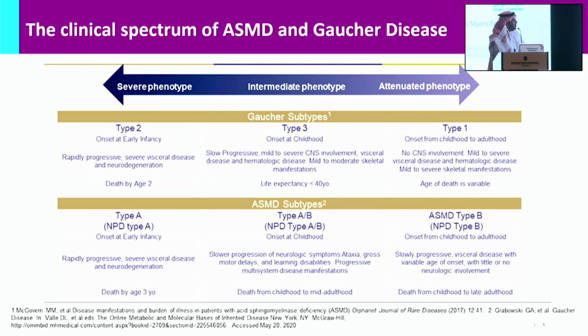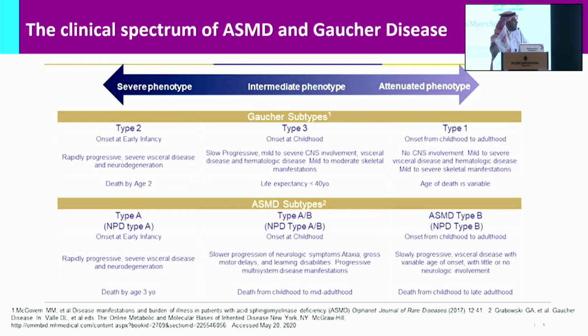The intermediate phenotype is type 3 in Gaucher and type AB in ASMD. The onset is from infancy to childhood, with slower progression compared to type A and type 2. It also affects the CNS and the skeleton.